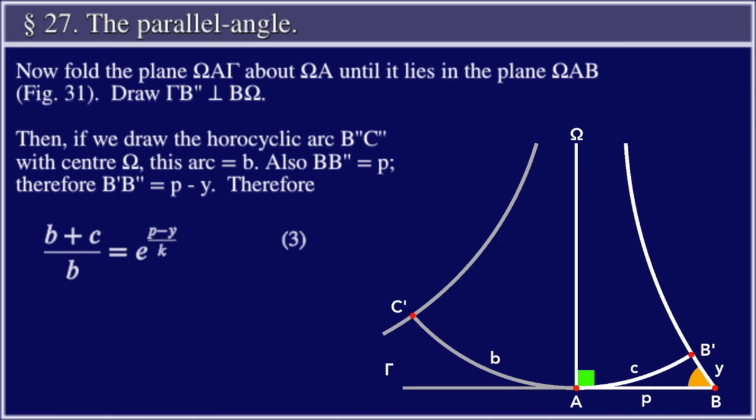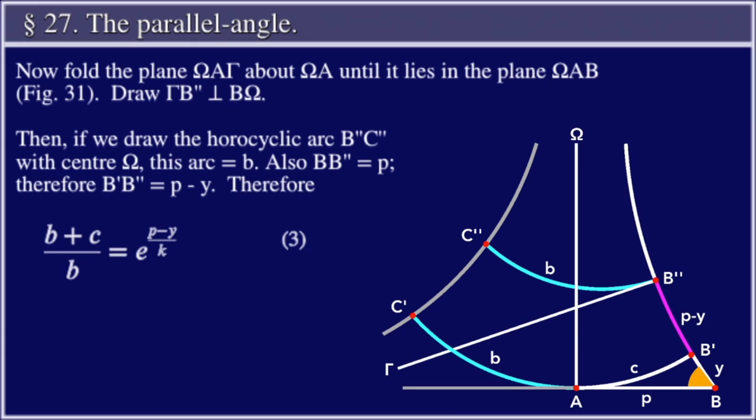Now fold the plane ωAγ about ωA until it lies in the plane ωAB, figure 31. Draw γB'' perpendicular to Bω. Then if we draw the horocycle arc B''C'' with center ω, this arc is equal to b. Also, BB'' is equal to p, therefore B'B'' is equal to p minus y.